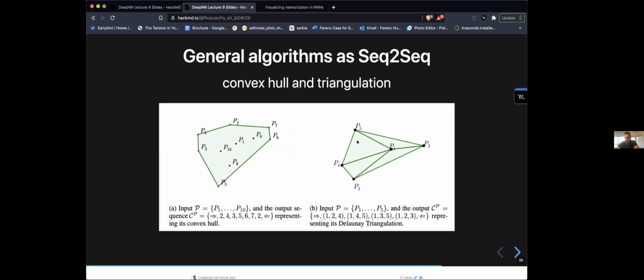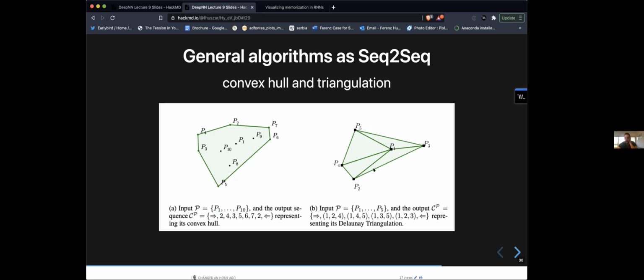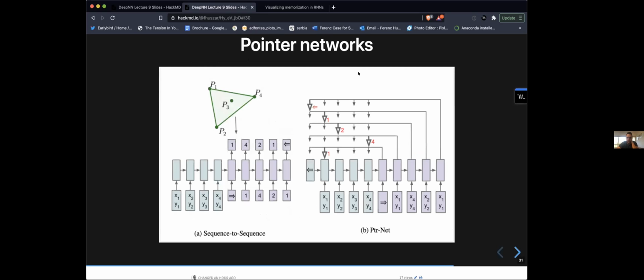Another example is triangulation, which is, given a set of points, find a way to connect these points with triangles so that none of the triangles are overlapping, and maybe there are some additional constraints on the average sizes of these triangles. By the way, these are examples that come from a paper called Pointer Networks, and this works a little bit differently from sequence-to-sequence.